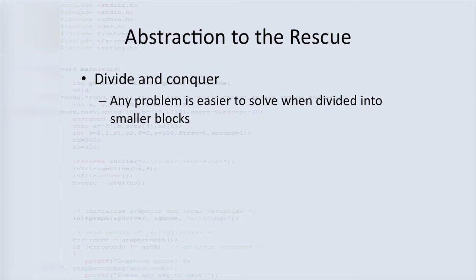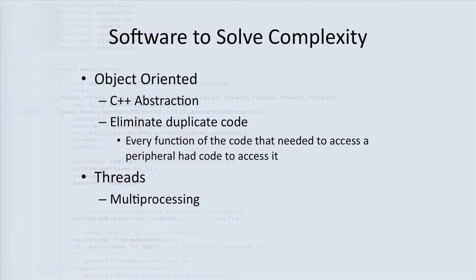If you want to break a big project down into smaller pieces, we call those objects, and we abstract the data away. It makes it easier for us to use the same code for, again, like I was saying, the different platforms. But again, the complexity was a problem. And the abstraction was to the rescue, dividing and conquering the products, or the code. So software solved the complexity problem, or began to solve the complexity problem.